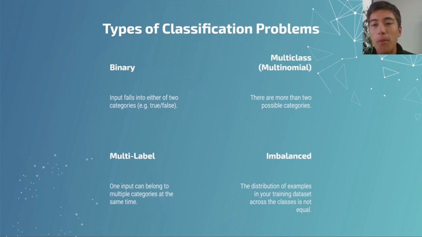Even if your model just assumes that all clovers are 3-leaf clovers, it still has an 80% accuracy based on the training data that you give it. It doesn't matter that the majority of clovers out in the world are 3-leaf clovers, because when you're training your model, you want it to actually be able to distinguish 4-leaf clovers from 3-leaf clovers. So you want to have 50% of your training set be 3-leaf clovers and 50% be 4-leaf clovers, so that your data is not imbalanced. We can deal with imbalanced data using techniques such as SMOTE and class weighting, but I won't get into that in this video.